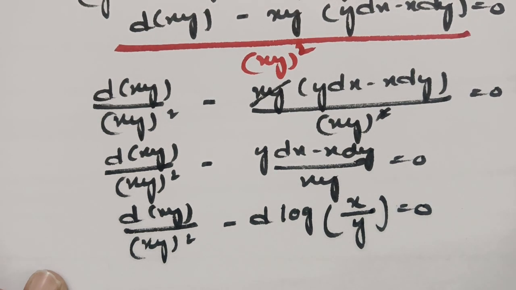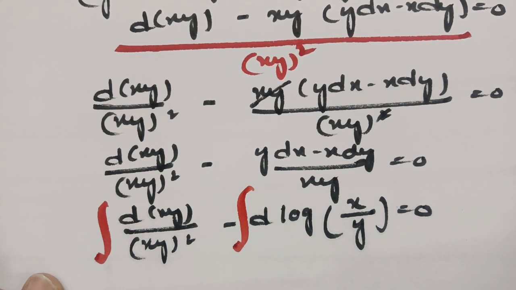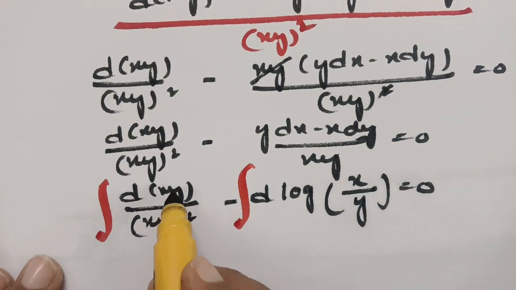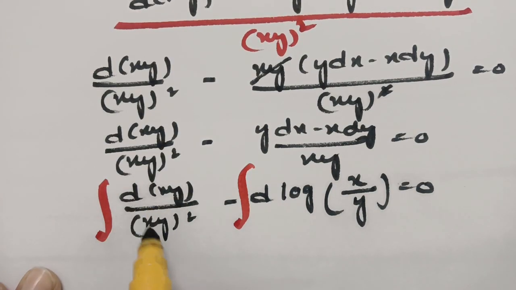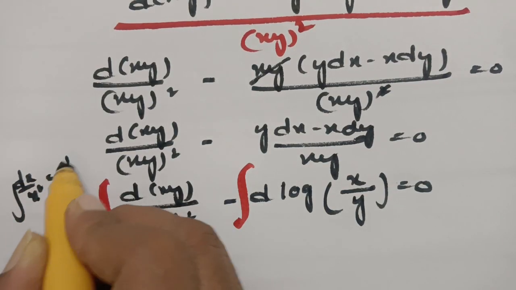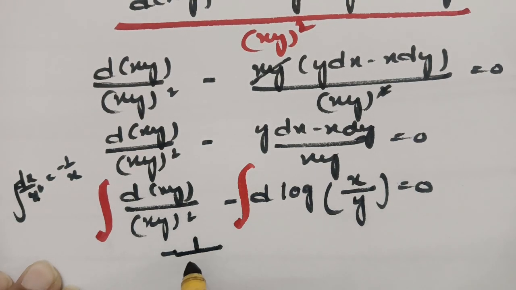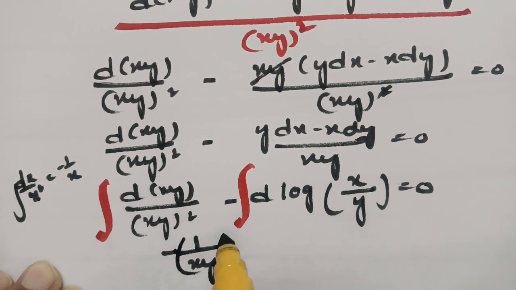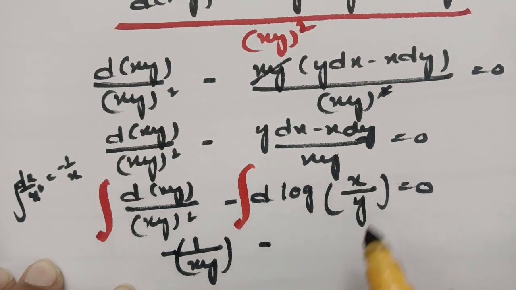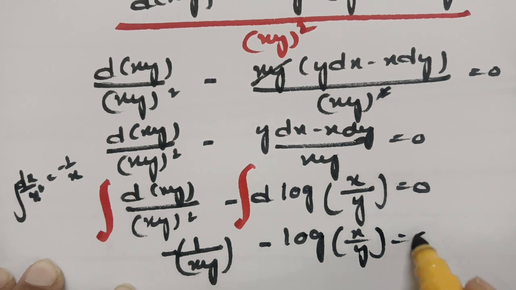Now if I make an integration on both sides, this is of the form dx by x square. So the integration part is minus 1 by x. Now this value is minus 1 by xy. The derivative and integration got cancelled, and this is minus log of x by y is equal to c.